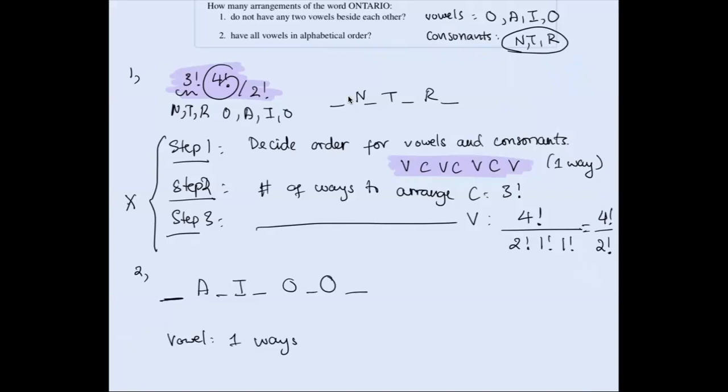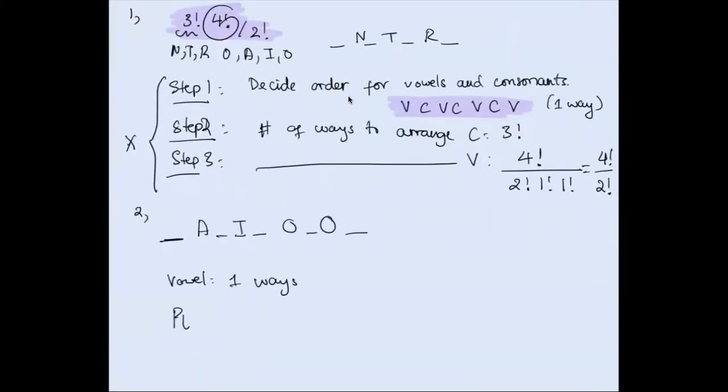So if we look at AIOO, there are 5 possible places that we can put some consonants in, right? So I first put the first consonant. There are 5 options for me. I can put the first consonant here, or put it here, here, or here.